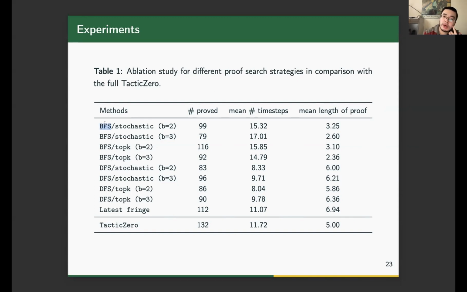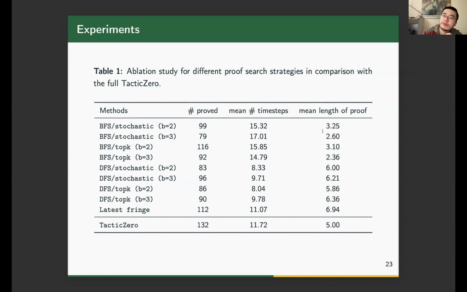So the reason why breadth first search can only find shorter proofs is that it cannot go deep enough, right? If it can only go to a certain level of the tree search, then the length of proof it can find is only as deep as the proof search can go.